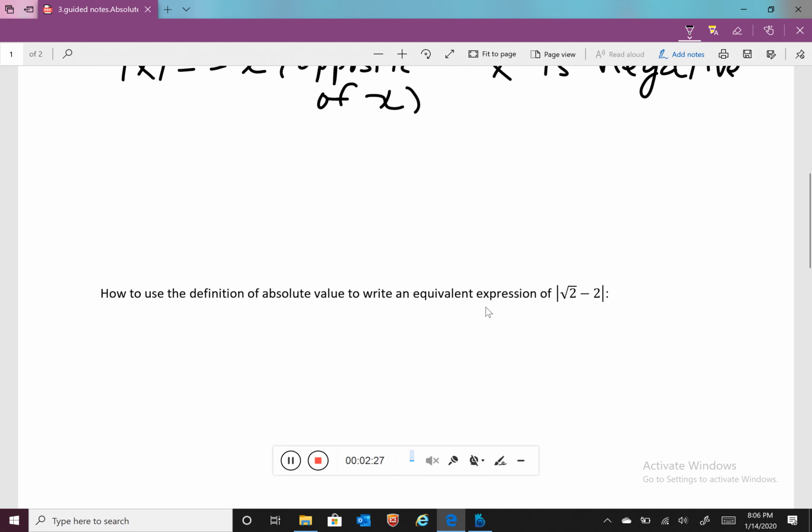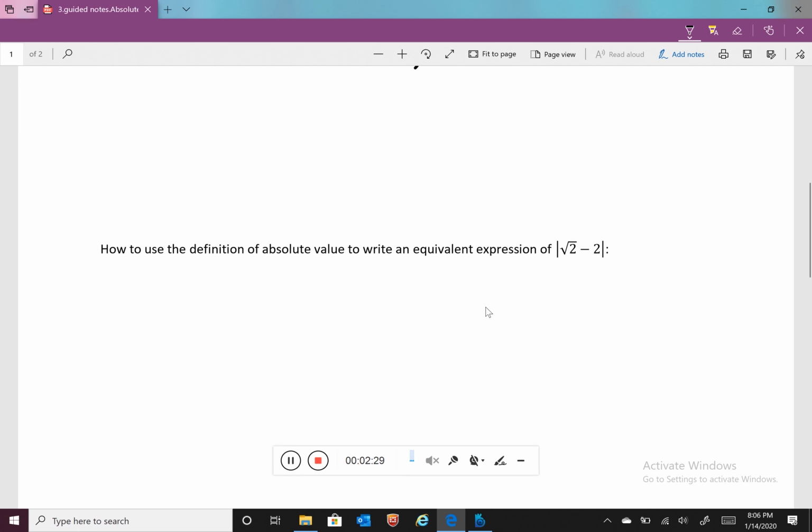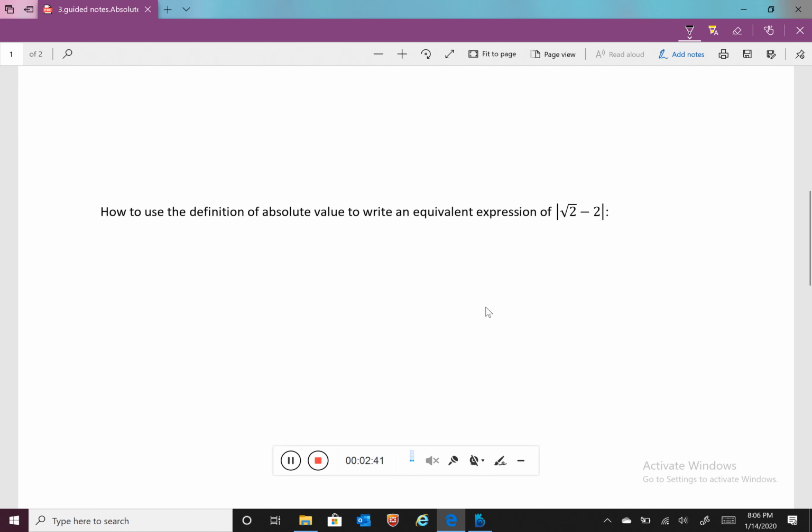And so we're going to actually take that definition and apply it to this problem right here. How to use the definition of absolute value to write an equivalent expression for the absolute value of the square root of 2 minus 2. So the first thing we're going to examine is the square root of 2 minus 2, because this is what is inside our absolute value symbols.